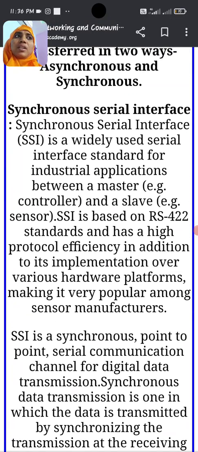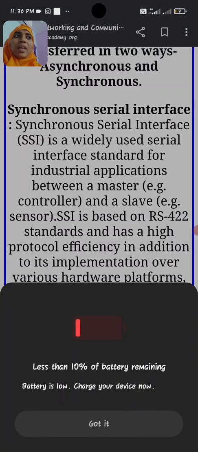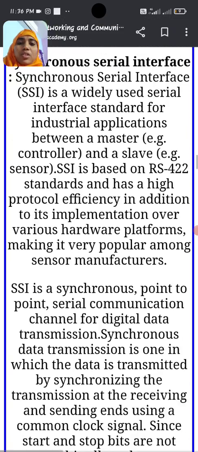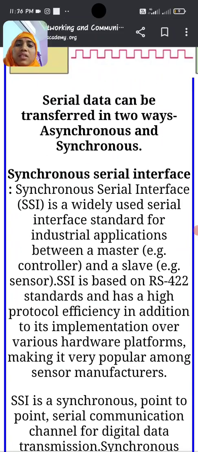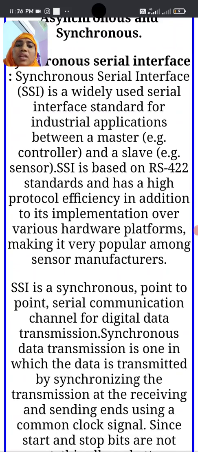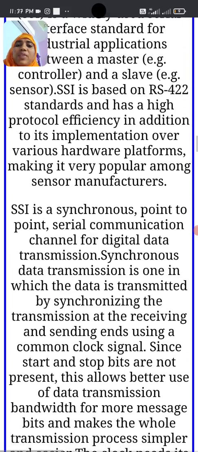We have studied different types of serial communication ports in previous lectures: UART, SPI, I2C, CAN controllers and USB. Some of the synchronous serial interface devices are SSI, the serial synchronous interface, a widely used serial interface standard for industrial applications between a master and different types of slaves.